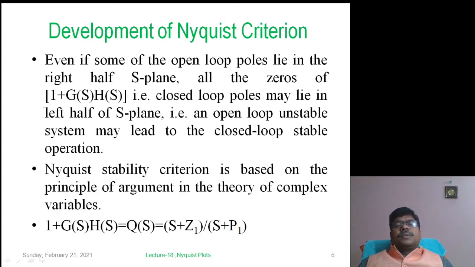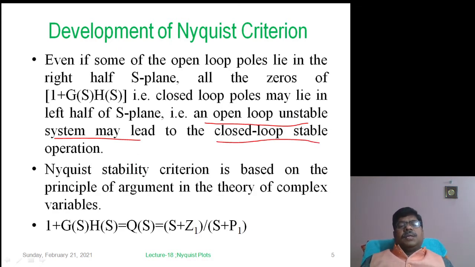This means the open loop system that was earlier unstable may now become a stable system. Now, the Nyquist stability criterion, as I said earlier, is based on the principle of argument in the complex variable.